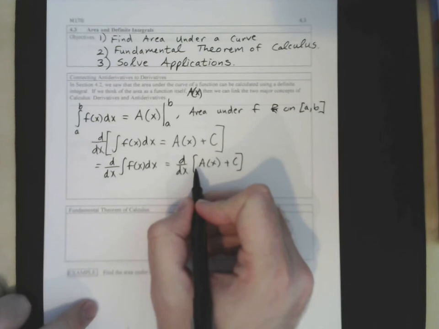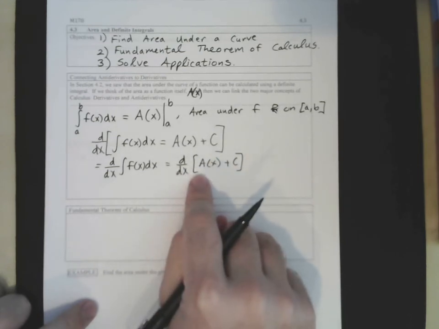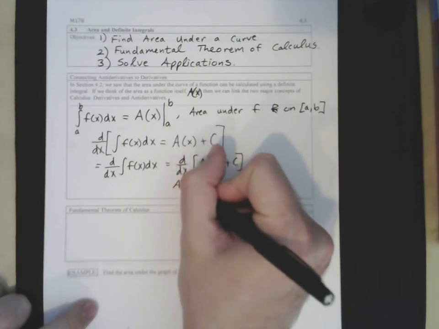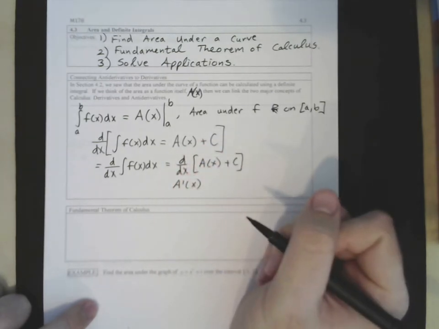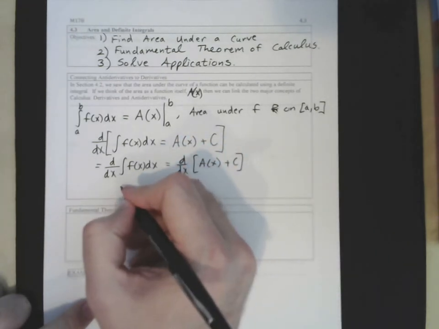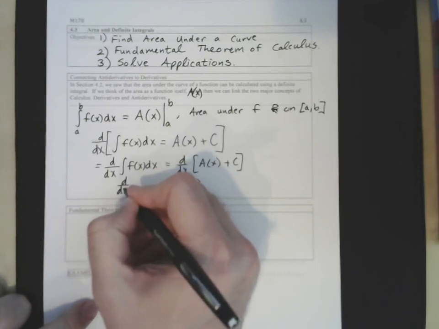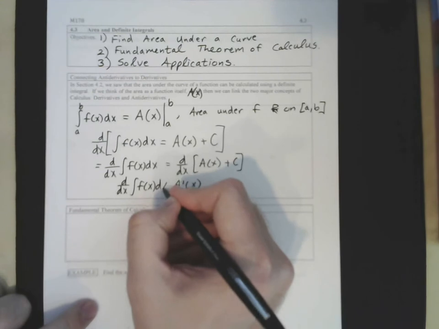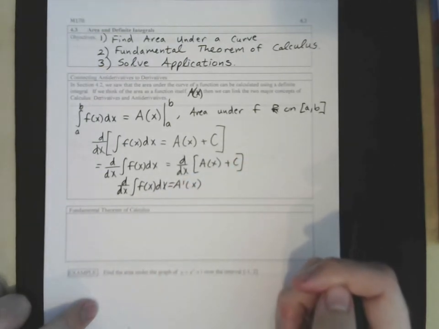And we know that this derivative is just going to be A prime. And rewriting this, d dx of the integral of f of x dx equals A prime.